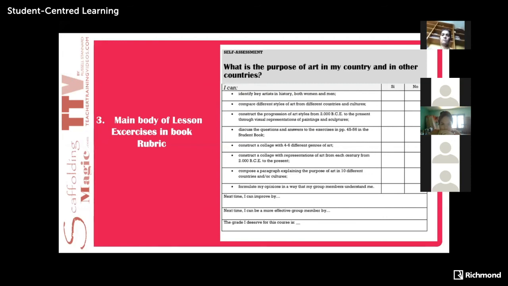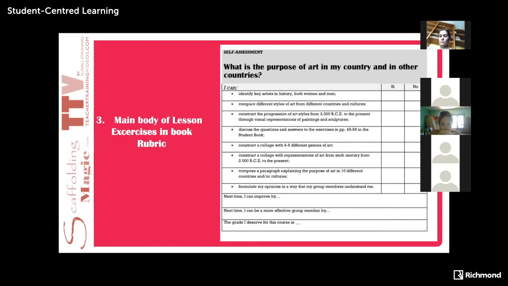The student at the end of this project will be able to identify key artists, compare different styles of art, construct a progression of art styles from 2000 BCE to the present. There's an exact list of what they have to do. There's no question, and all they have to do is write yes or no. I've done it or I haven't done it.